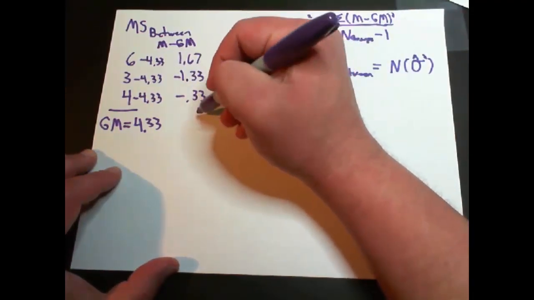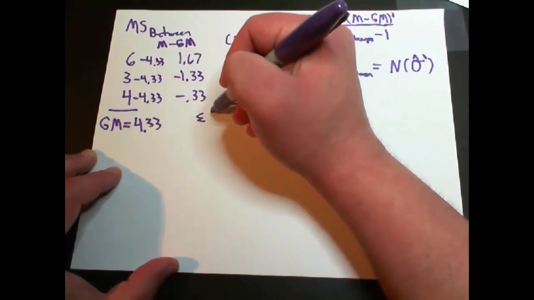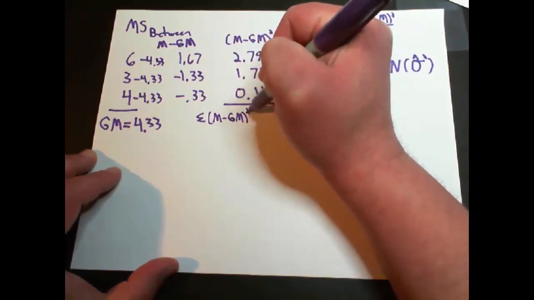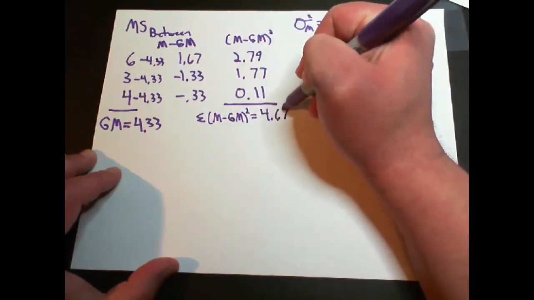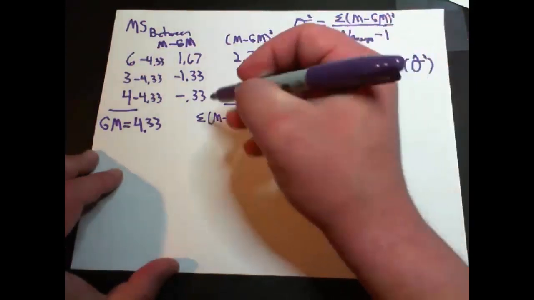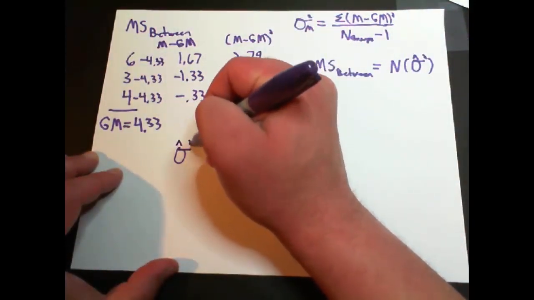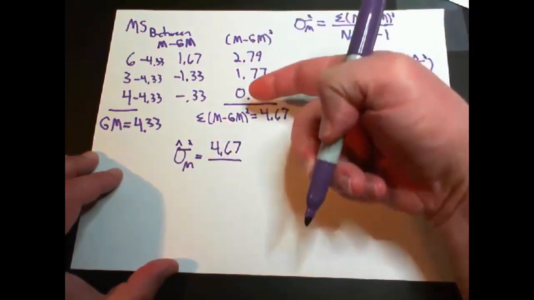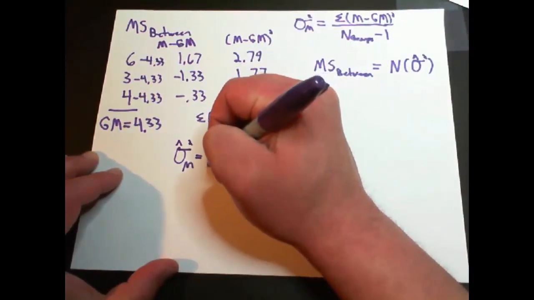We need the sum of those squared mean deviations. And now we just need to divide that number by n minus 1. Again, n here is 3 because we have 3 groups.